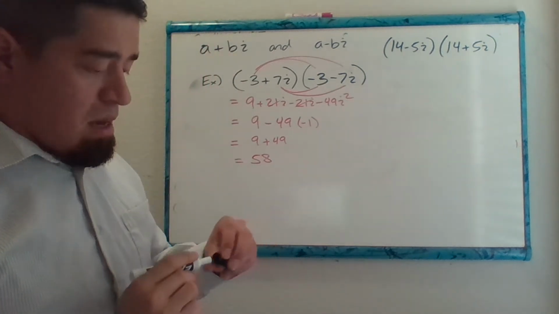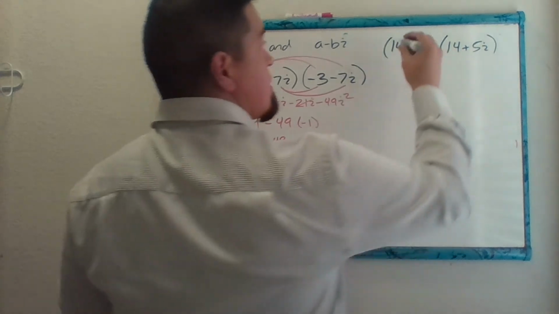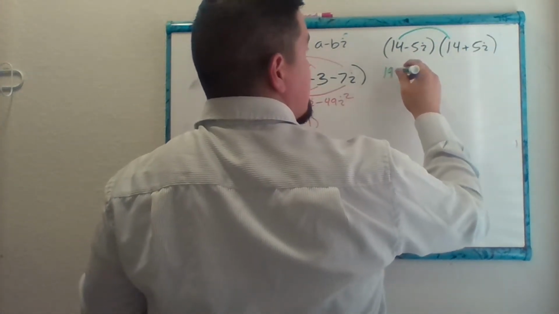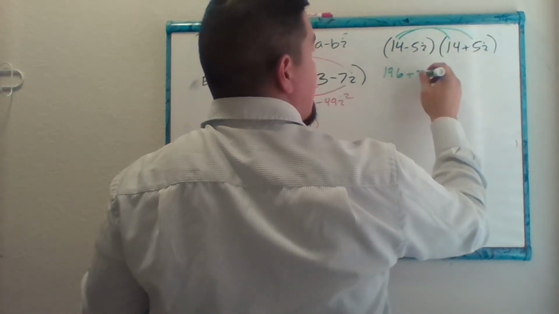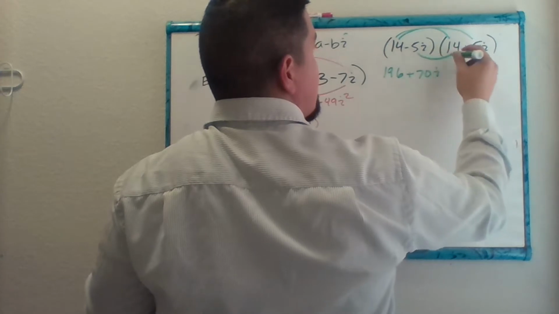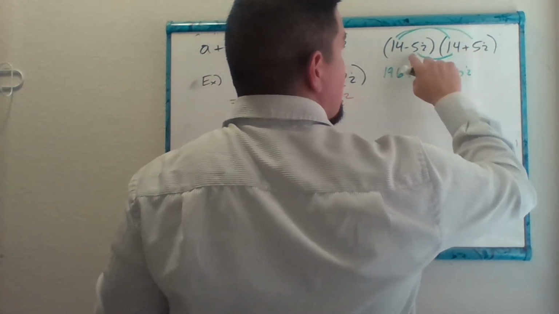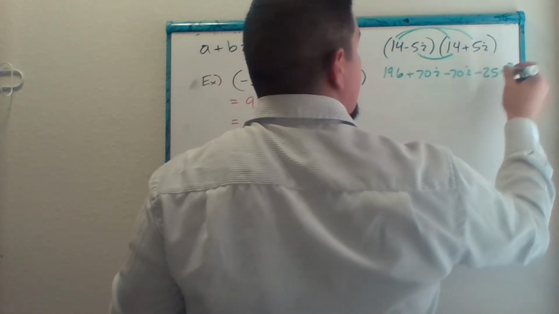Okay, and then from there, just like the work we did earlier, we're going to distribute. 14 times 14 is 196. 14 times 5, that's 70i. Negative 5 times 14, that's negative 70i. Again, those will cancel. Negative 5 times 5, that's negative 25i squared.